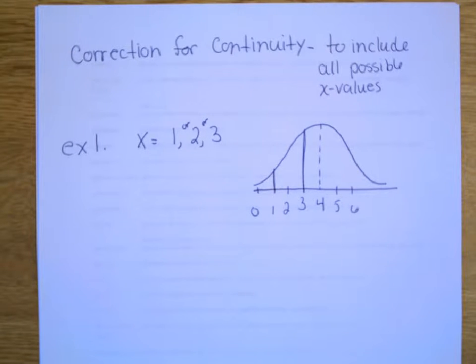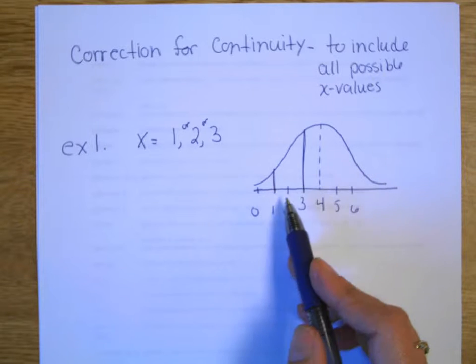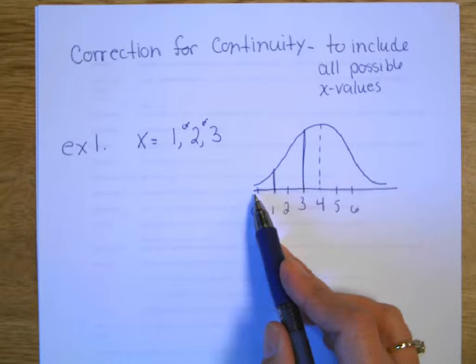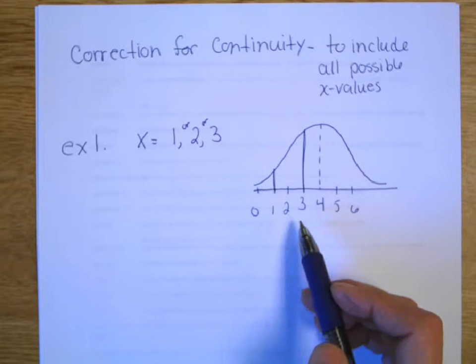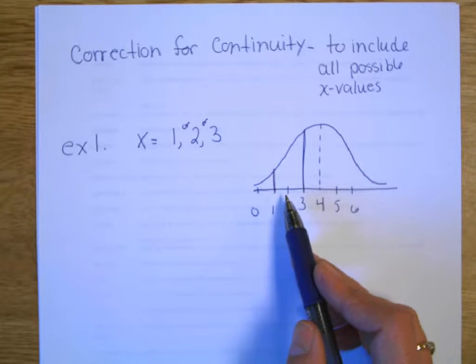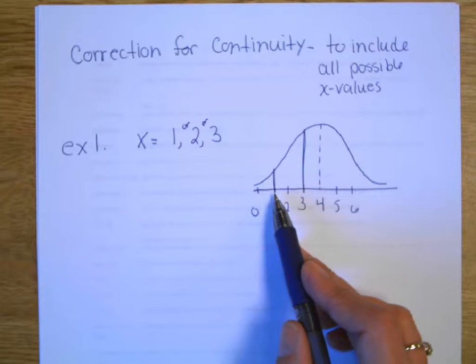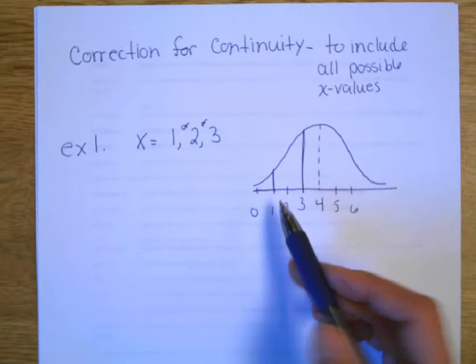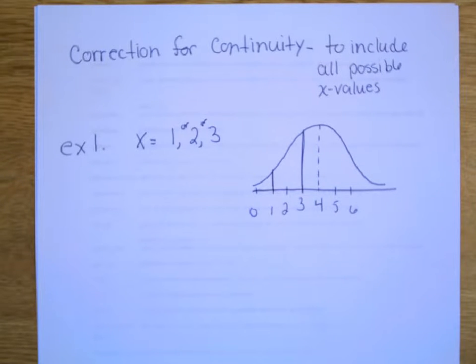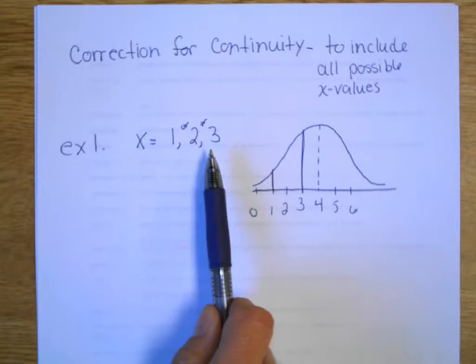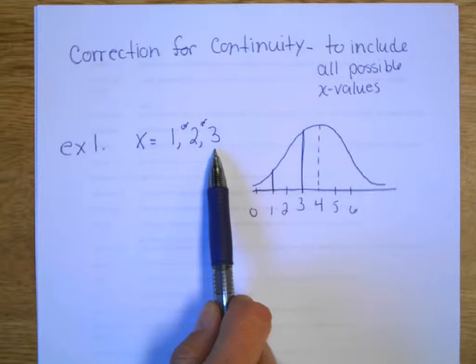Now think about rounding. Are there any other numbers on this number line that would round to 1? Yes, 0.5 and up. Do you agree that 0.7 or 0.8 would round to a 1? So if we're going to do this in the normal world, I want to include all values that could round to 1 or round to 3.